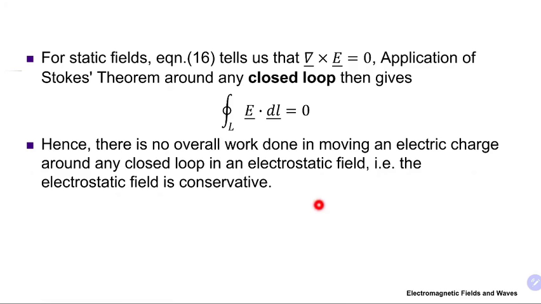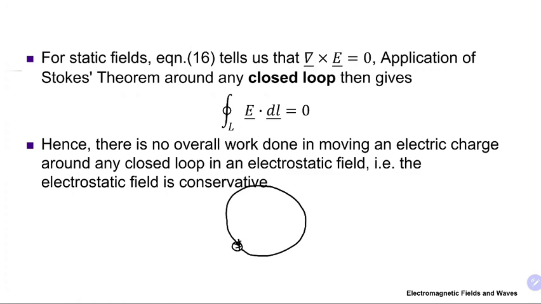So for a static field, equation 6, the curl of E will be equal to 0, because if you do a closed loop integral of the E field, that will be equal to 0, and therefore there is no overall work done in moving an electrical charge around a closed loop in electrostatics. If I have a charge, if we move this charge back to the same point, we said that there is no work done.